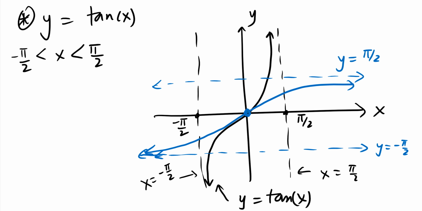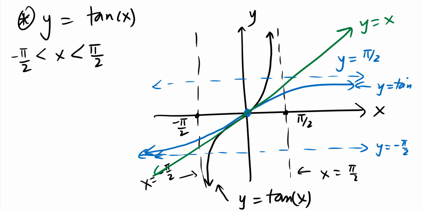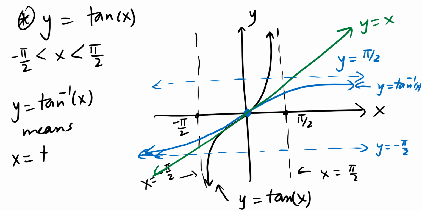In the middle here, we have y equals x. The blue one is tangent inverse, y equals tangent inverse of x. By definition, y equals tan inverse of x means x equals tangent y.